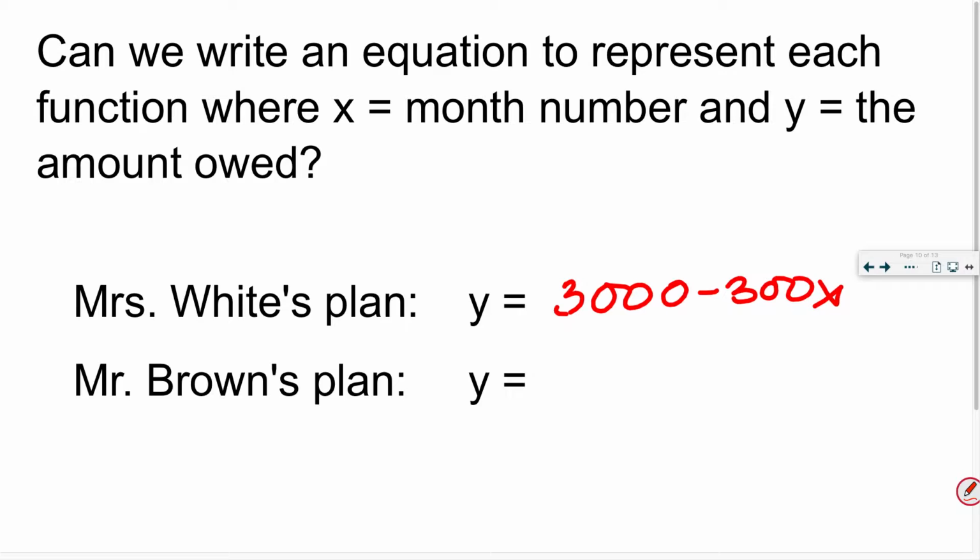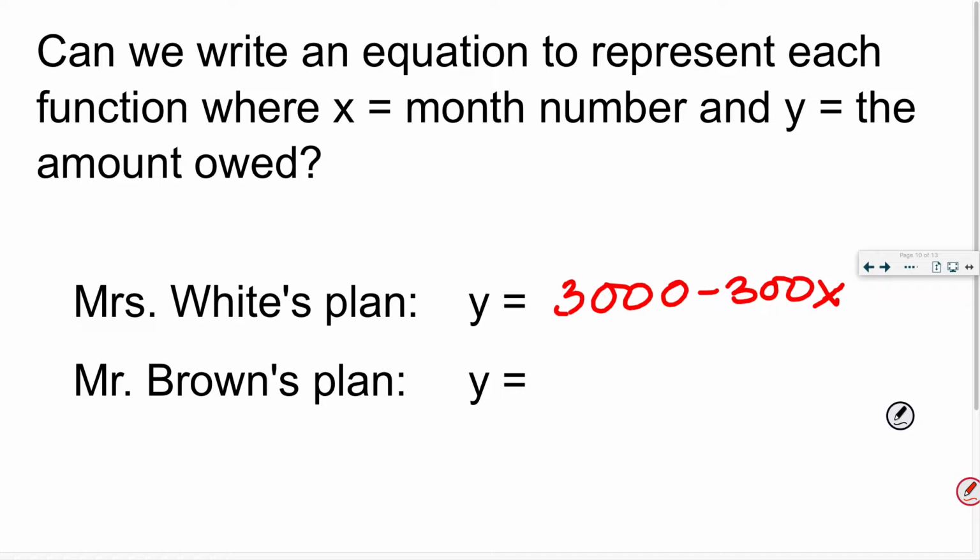Why is the x next to the 300? She pays that automatically. How often? She pays the 300 every month. Perfect. That monthly payment is what's affected by the variable, because our variable is what's changing. That 3,000 is what she's starting with, so we don't want that to be varied.